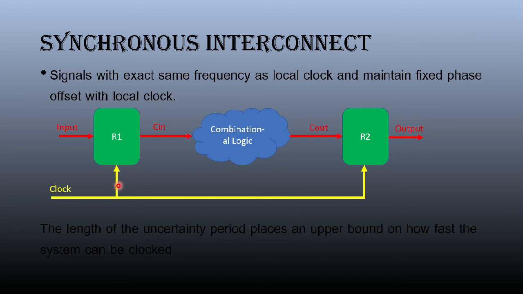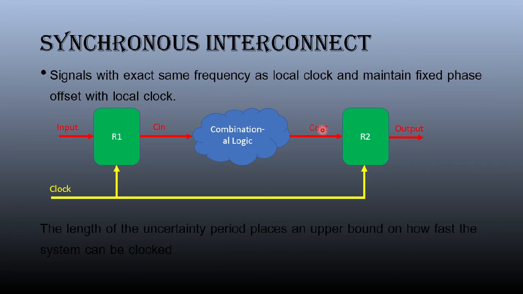That means if it is a positive edge triggered flip-flop, if it is a register, then only at the positive edge of this clock can an input transition to the output, right? So Cin is definitely synchronized with respect to this clock.